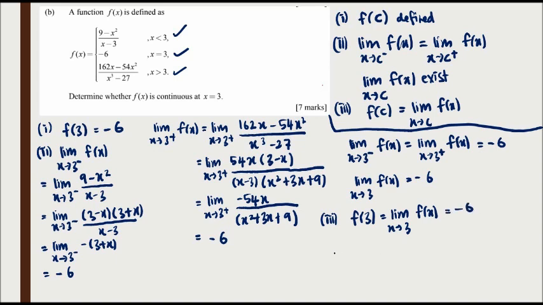So we can say that therefore f(x) is continuous at x equals 3. This is our final answer and the solution for question number 5 part B. So always remember these three conditions, and then we will just check the continuity by following them. This is satisfied, so it is continuous.